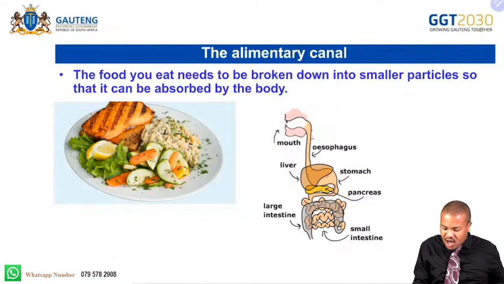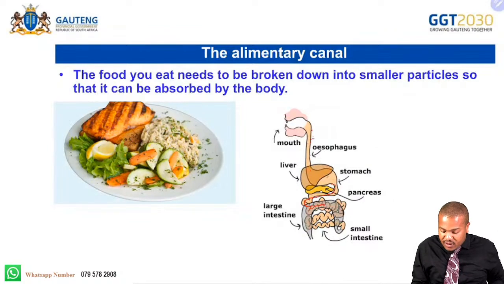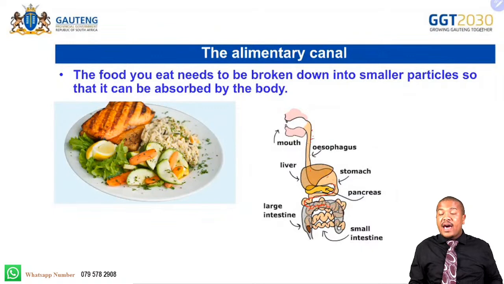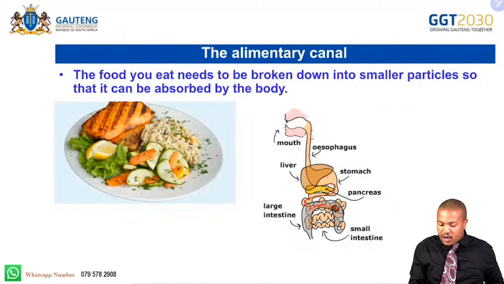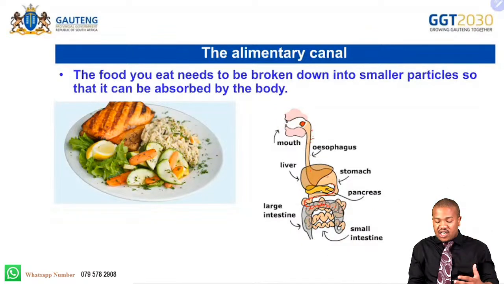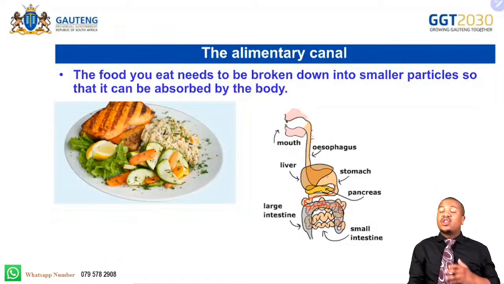From the stomach, as it moves along the alimentary canal, it goes into the small intestine, right? This is where the food is in its simplest form, and it's going to be absorbed by the blood vessels that are around the small intestine. From there on, any indigestible material or undigested waste is going to enter the large intestine or the colon, right?